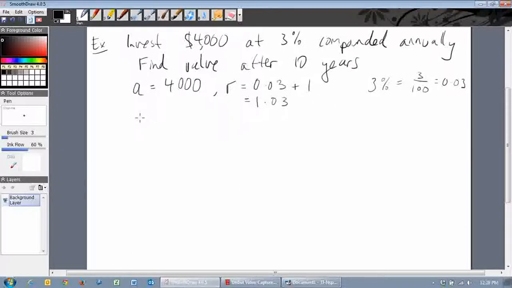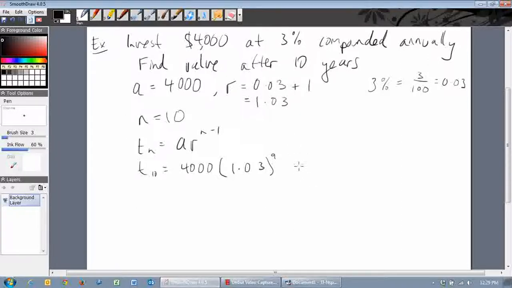Okay, and how many terms do we want? We want after 10 years, so let's do 10. Okay, let's do it. What was our formula? It was Tn is equal to a r to the n minus 1. So our 10th term will be a, which is 4,000, times, in brackets, our ratio, which is 1.03, to the power n minus 1, so to the 9th power.